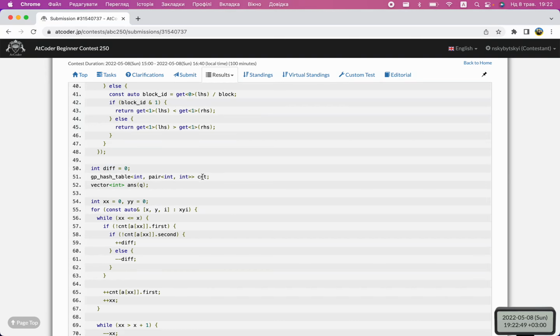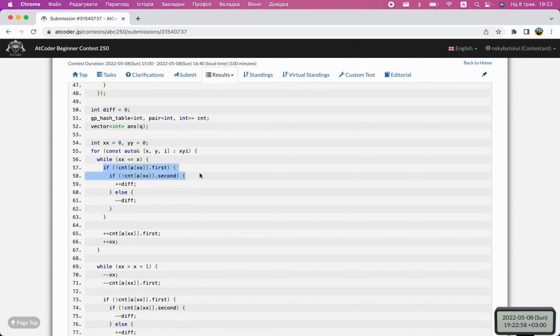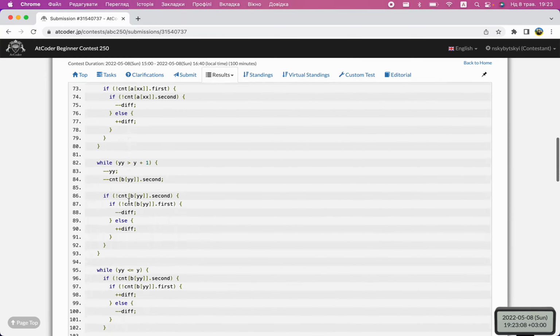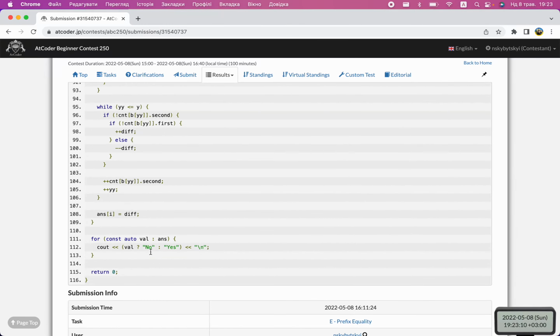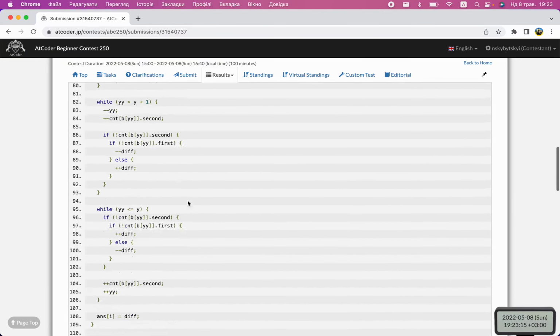And I also maintain how many times each number appears in A and how many times each number appears in B. So both of these are easily updatable. Then knowing the entire mapping, you can easily keep track of the size of the symmetrical difference. So that's what I do. And the answer is yes if the difference is 0.